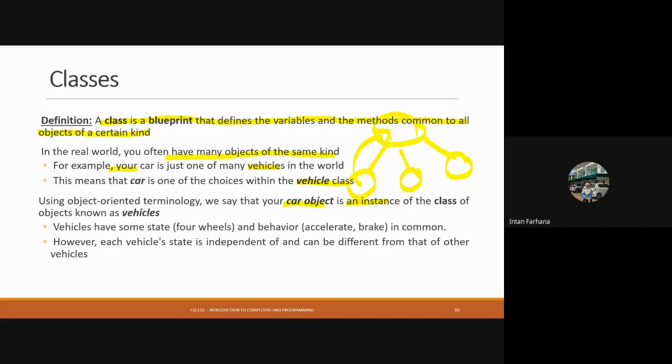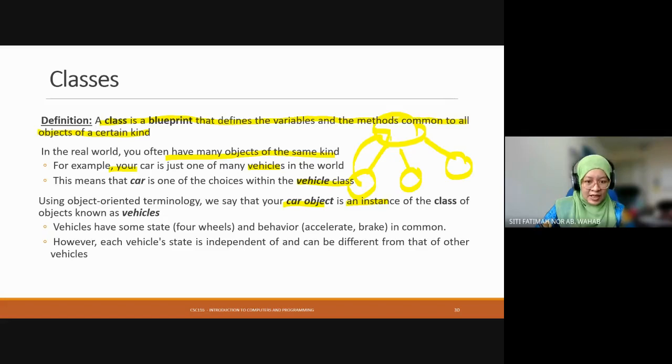Okay. Boleh faham. So your vehicle has state and behavior in common. Tapi tak semestinya ada 4 wheels. 4 wheels ni untuk car je. Motorcycle tak ada 4 wheels. Okay, so apa yang dia punya common dia ada wheels. Sebab dia vehicle. Even lori, even benda yang jentera berat tu yang nak bergerak tu, they have wheels. Okay, berapa wheels dia tu different for each of the object lah.